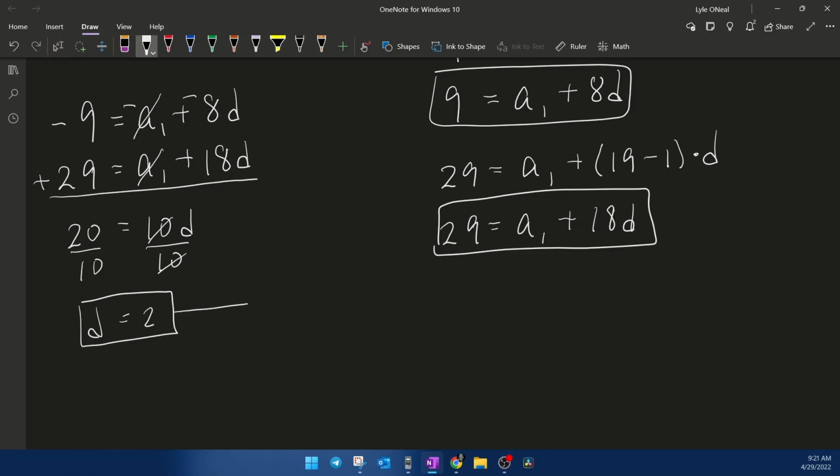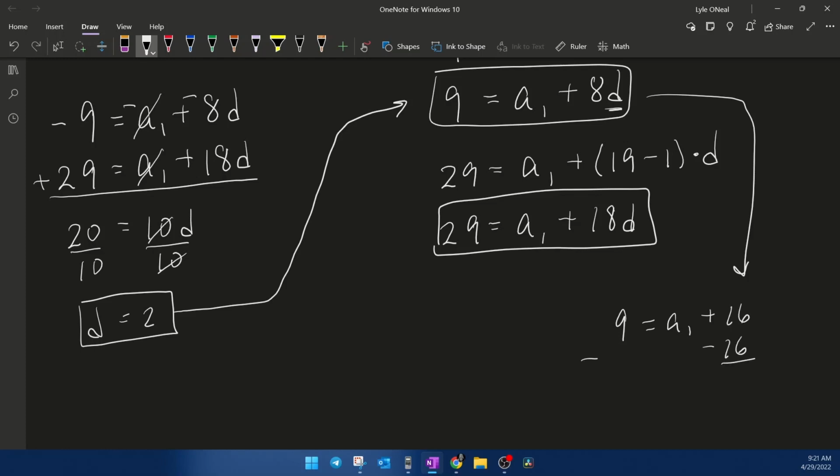We would now take this value, I'm going to go back up to this equation, and I'm simply going to replace d with 2. And so that'll give me 9 equals a sub 1 plus 8 times 2, which is 16. And then if I subtract 16 from both sides, I'm going to have my first term. 9 minus 16 is -7. And that should be the first term of the sequence.